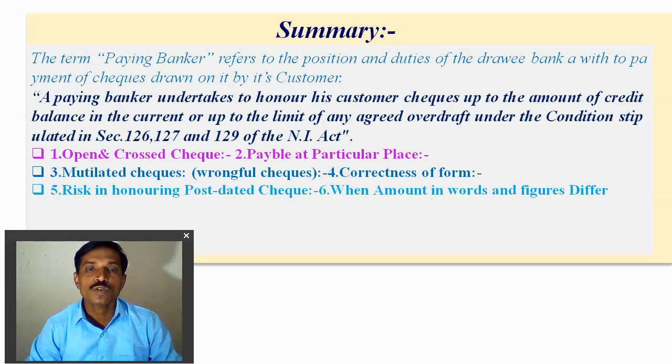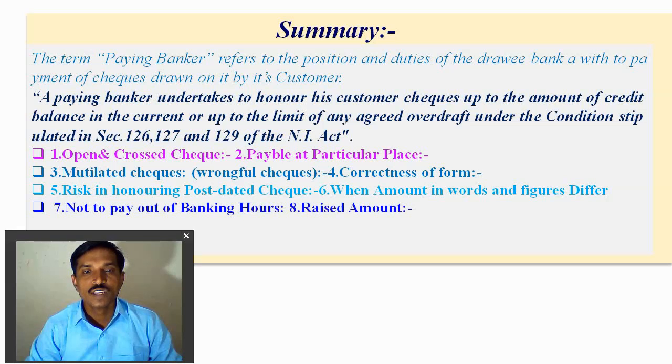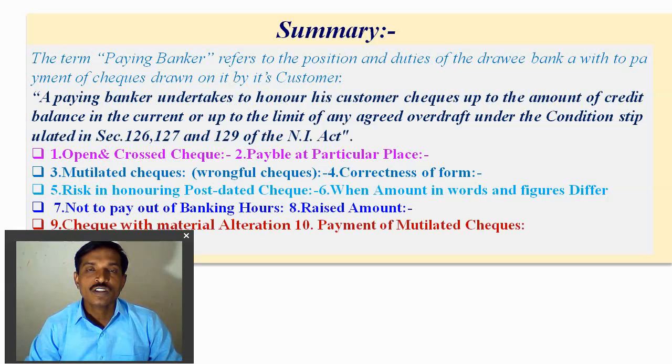There is a risk in honoring post-dated or stale checks, when the amount in words and figures does not match, outside banking hours, and when the amount is raised in the case of a fraud check. Also checks with material alteration in the date, the amount or any endorsement.